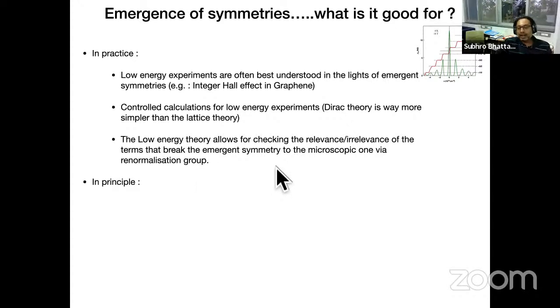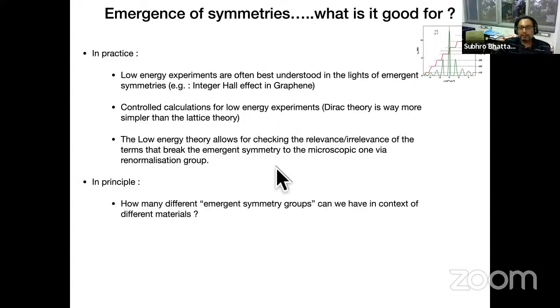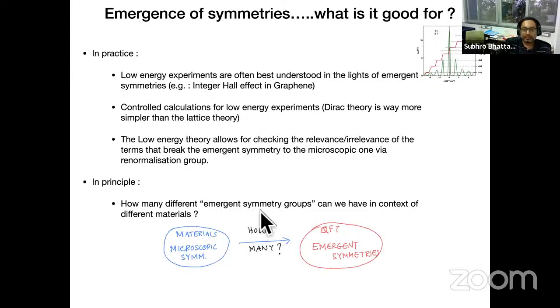But there is another, much more profound, I think, reason to think about these things, and it starts with the question of how many different kinds of emergent symmetry groups we can have in the context of different materials. We have microscopic symmetries in materials, and the low energy theory gives rise to quantum field theories with emergent symmetries, and the question is how many of them can arise.